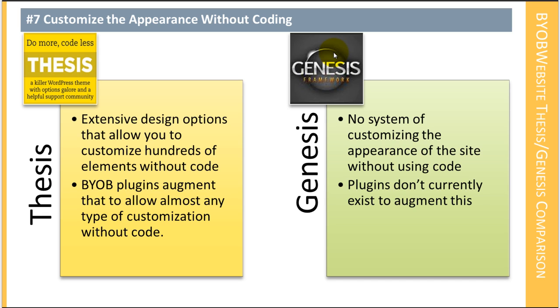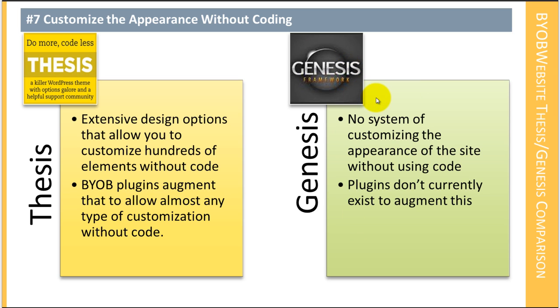But there's no system for customizing that without physically writing code. And currently there aren't any plugins that exist to augment that. Now, I do expect that the future in that regard will change, and that I will be myself developing plugins that allow you to alter Genesis.